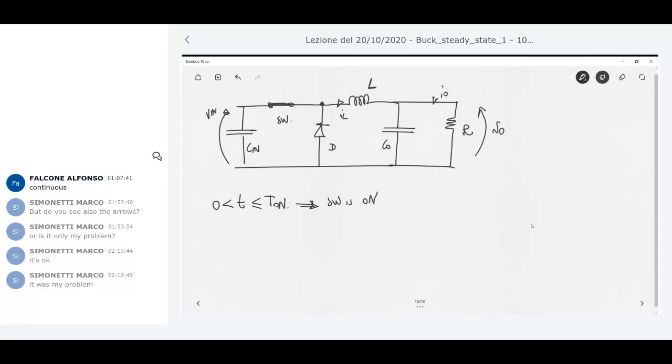Since my hypothesis is that the closed switch has no voltage drop across it, the voltage across the diode, meaning the voltage here, I call this the common node, so the voltage VC in this time interval is the same as the input voltage, V in, which is positive. So I have a positive voltage from the cathode to the anode of the diode. So what does it mean? The diode is off.